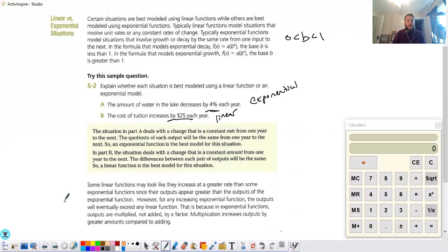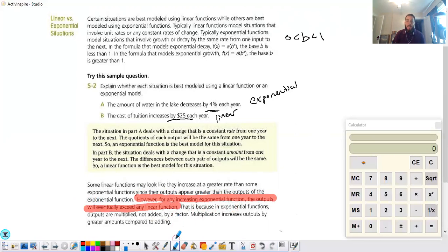Then it goes on to say, some linear functions may look like they increase at a greater rate than some exponential functions since their outputs appear greater than the outputs of the exponential function. However, very important here, for any increasing exponential function, the outputs will eventually exceed any linear function.